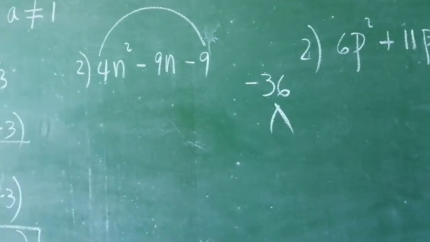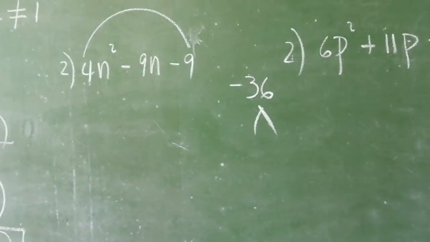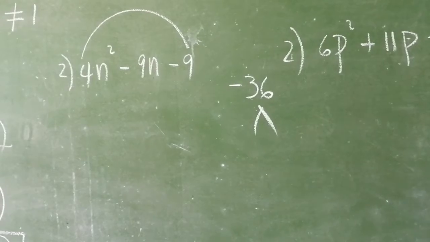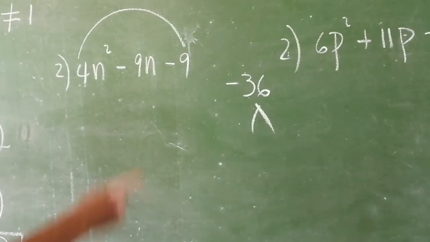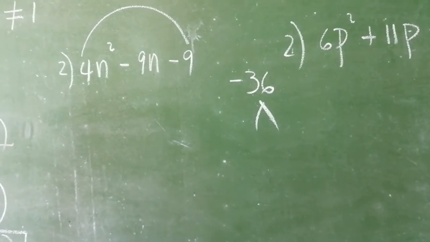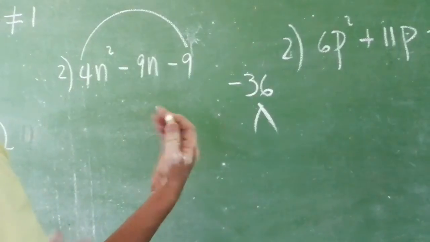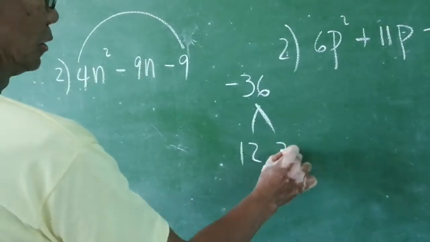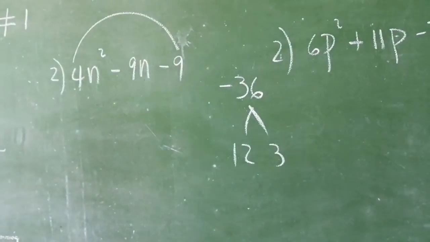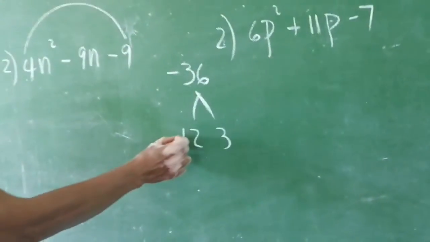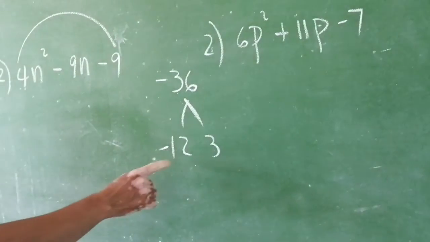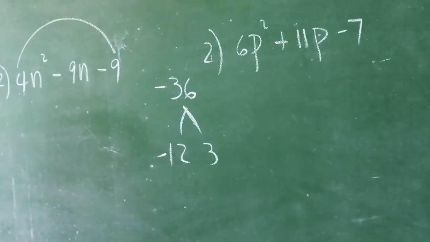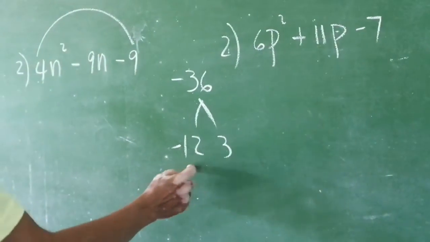So factor negative 36 such that the sum will be negative 9. So check 12 and 3. Negative, so the negative must be greater. If you take the sum, it will be negative 9. So use these two factors.